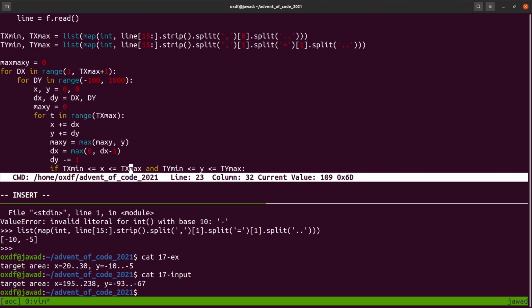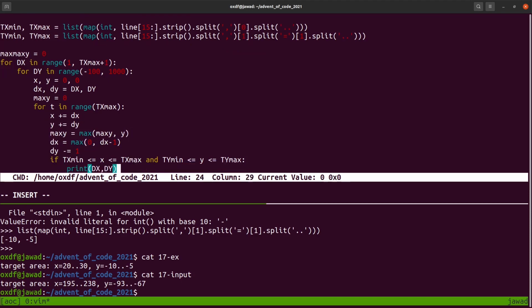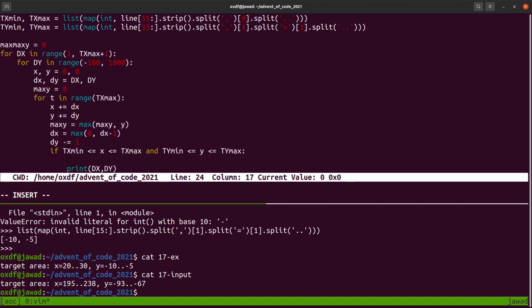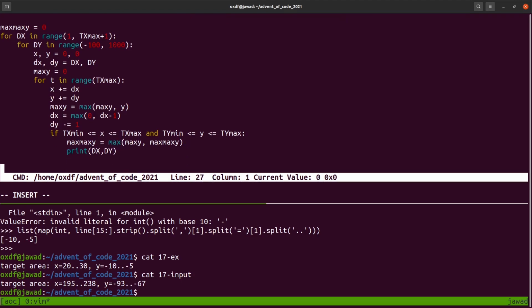So we're going to track, this is going to be for each starting velocity, some max y, and then if we land in here, we will say max y equals max of max y and y. Basically, we're going to track across the whole experiment. When we land in the area, is our new max y higher? Because if so, we want to keep it.